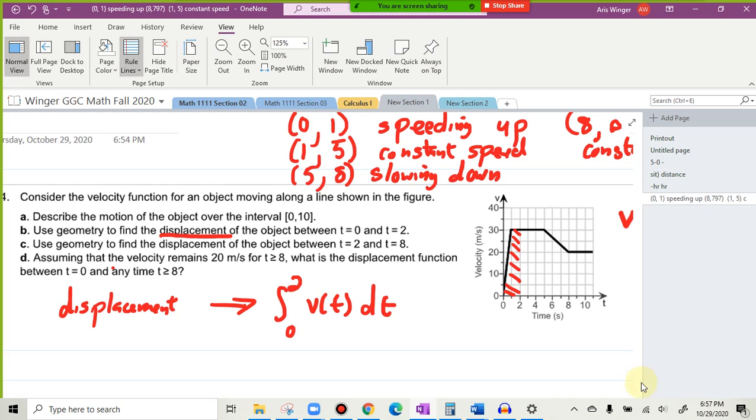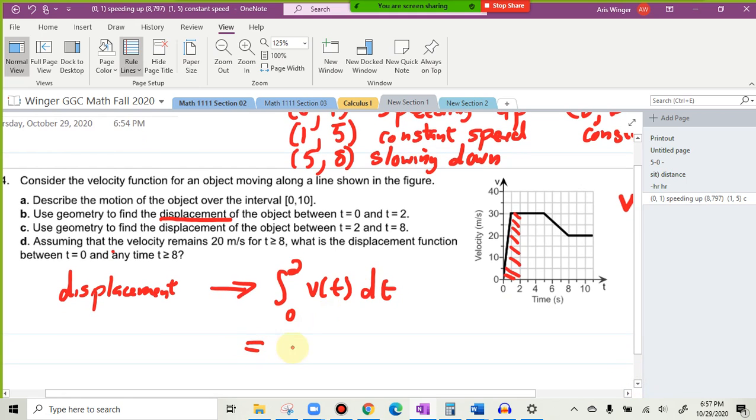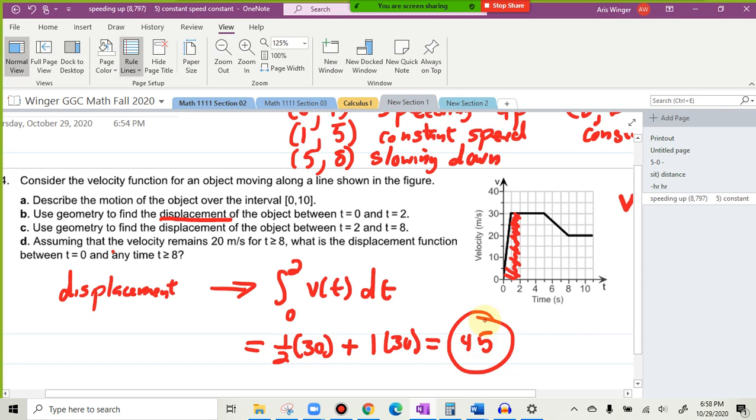So that's 1/2 times 30, plus this rectangle here, which looks like it is just 1 by 30. That's 45. Units are in meters. So after 2 seconds, you are 45 meters away from where you were at the beginning.